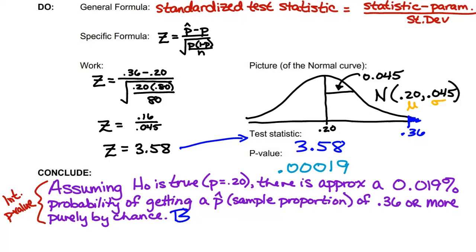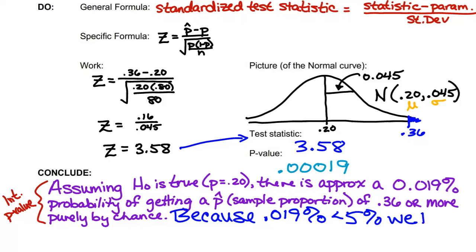So because 0.019% is less than 5%, what do we do? Reject, accept, fail to reject? Reject.